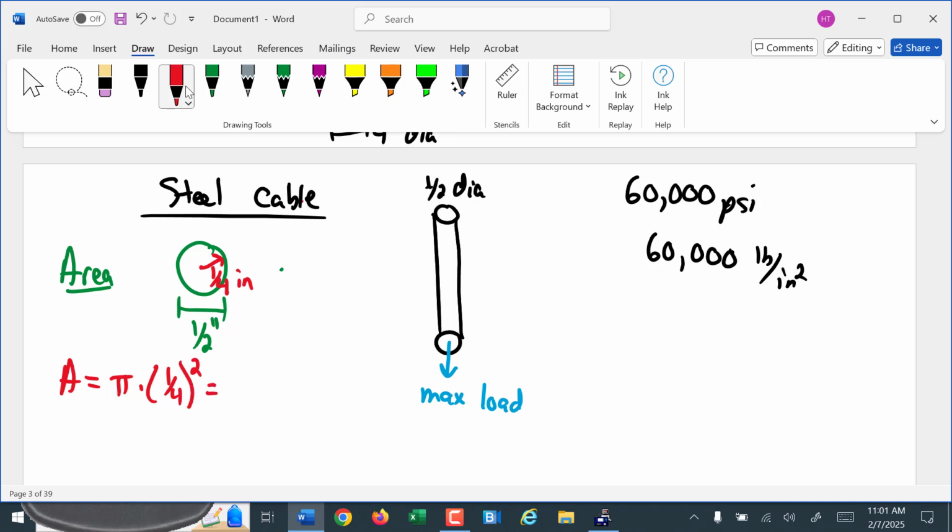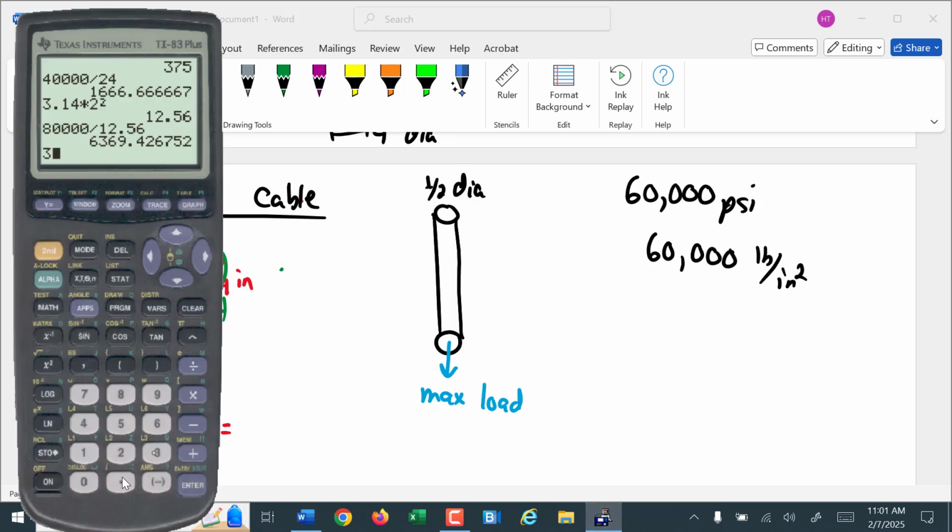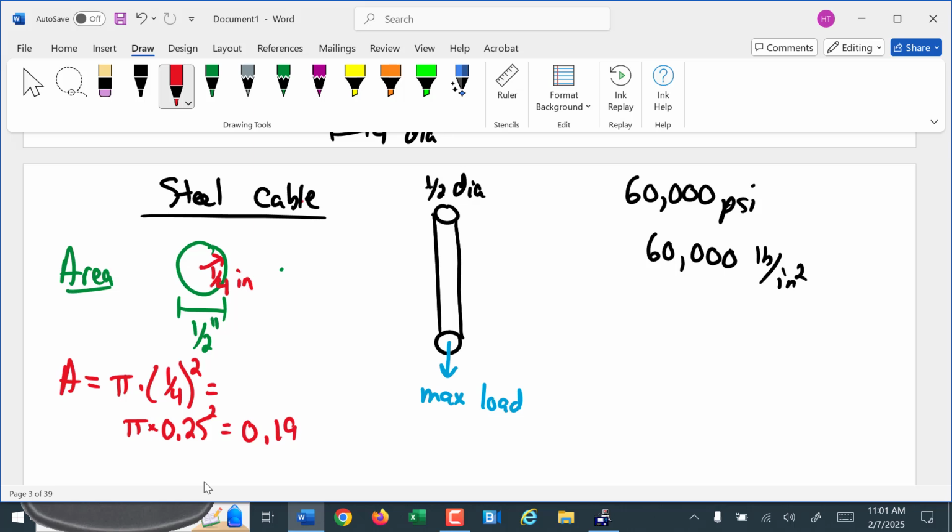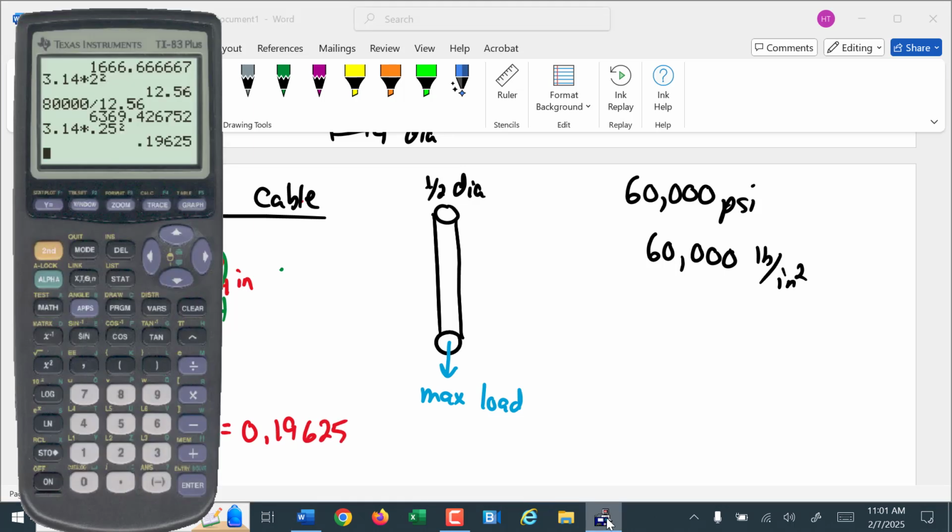I would probably just convert the 1/4 to 0.25, just to make it a little easier to work with. So pi 3.14 times 0.25 squared. We get 0.19625 is our area.